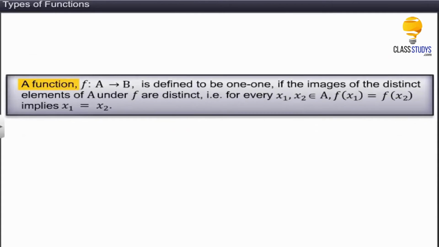A function f from A to B is said to be 1-1 if the images of the distinct elements of A under f are distinct. That is, for every x1 and x2 in the domain of f, f(x1) is equal to f(x2) implies that x1 is equal to x2.